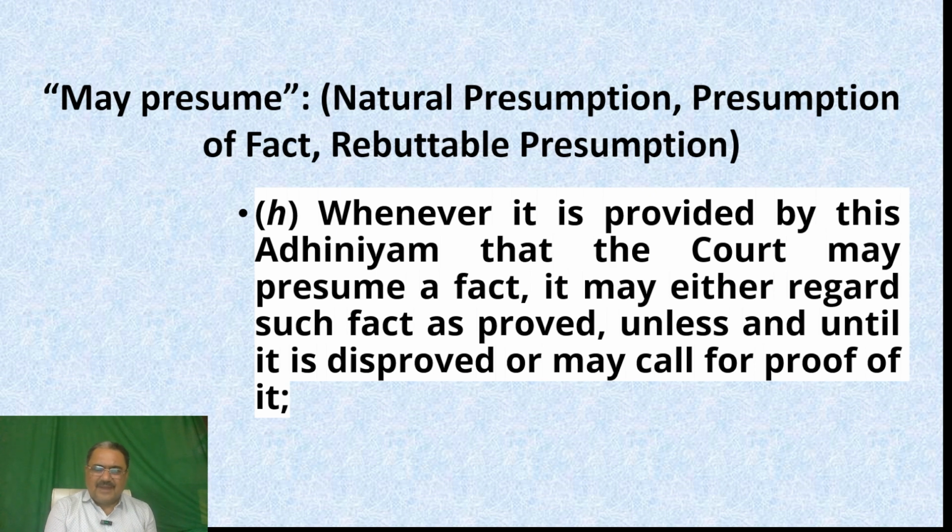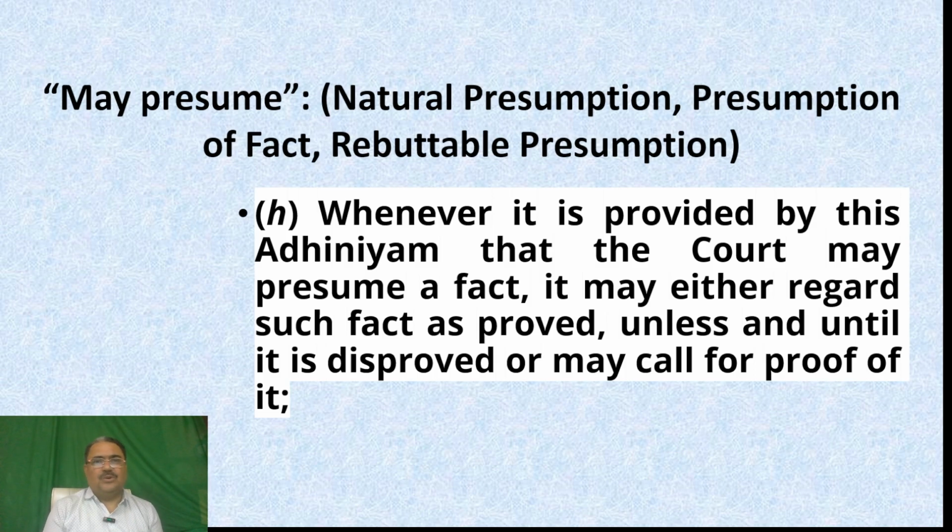So if a few basic facts are there, from those facts we can draw some inferences. Now if someone says, no, I have not received it, and the court is drawing presumptions, then it will be considered as proved unless and until it is disproved. So the person who is claiming that he or she has not received it has to rebut that presumption.